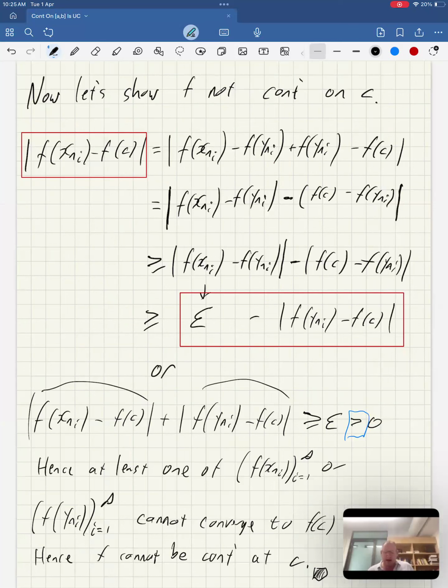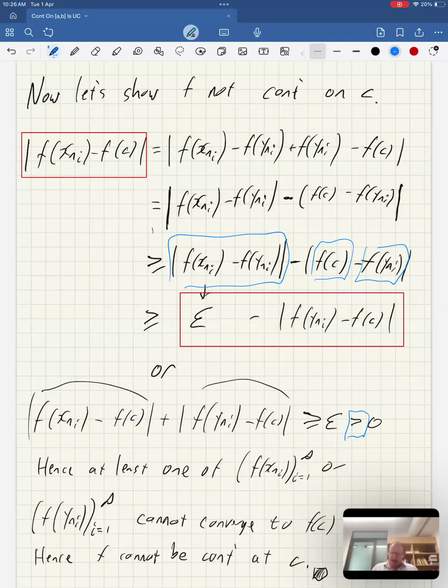And now the trick to show that f is not continuous at that point c is to use a reverse triangle inequality to see that |f(x_{n_i}) minus f(c)| is greater than or equal to the difference between the function values at the two sequences and the difference between f(c) and f(y_{n_i}).